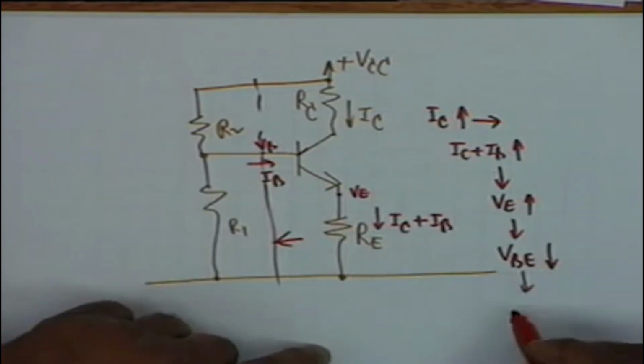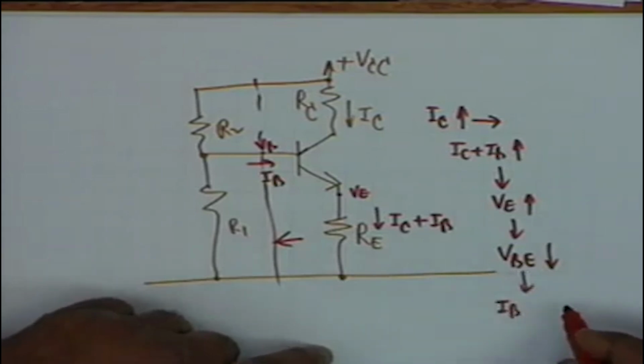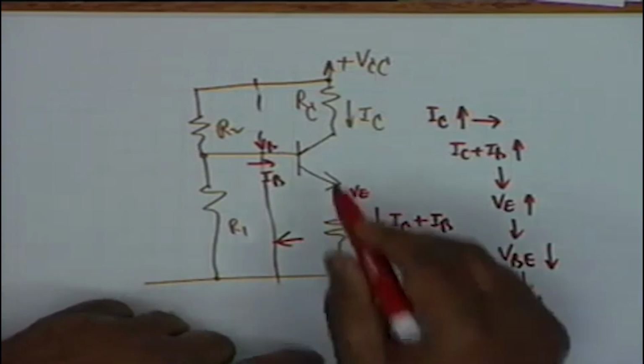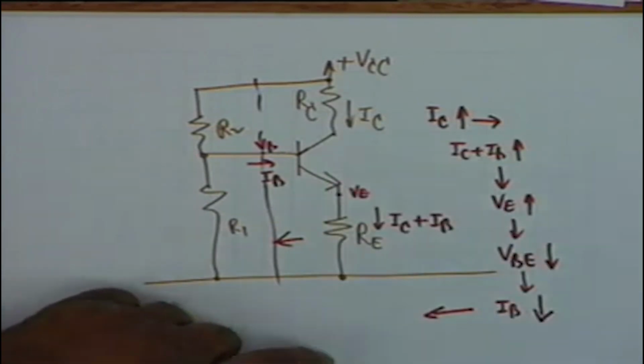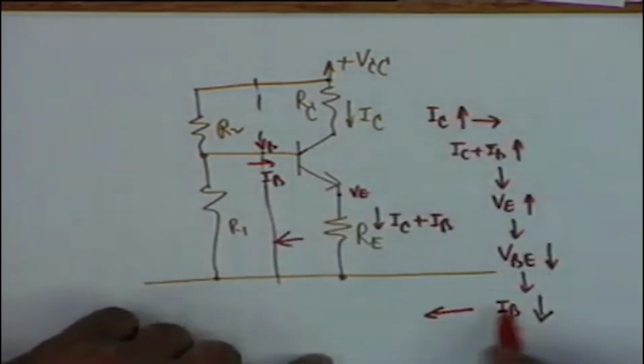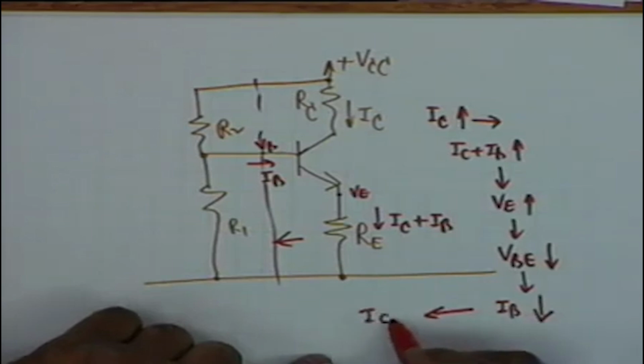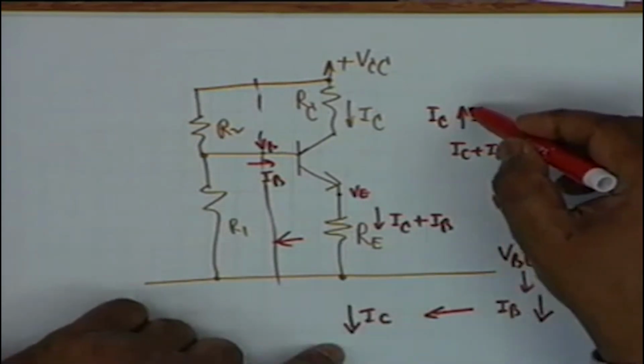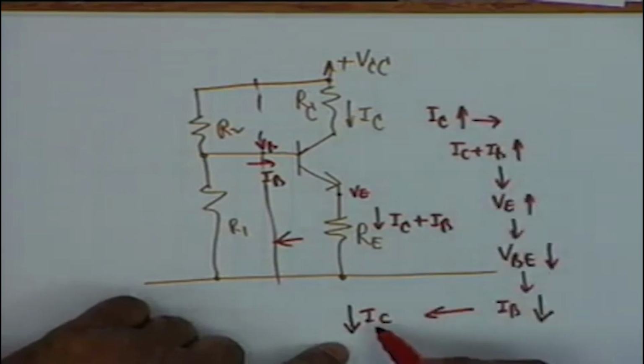If VBE decreases, what happens? If the diode voltage decreases, I sub B decreases. And I sub C is nothing but beta times I sub B plus ICEO. So if IB decreases, then what happens to IC? IC decreases. You see, the increasing tendency of IC is arrested.